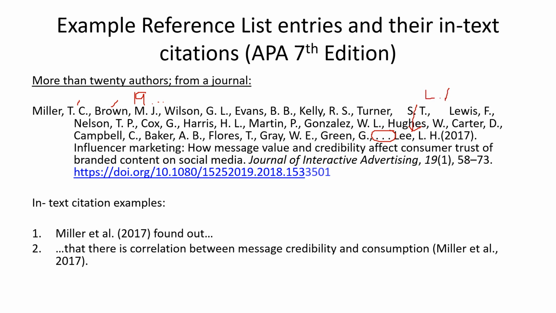Okay, the last author. After the period, open and close parentheses. Inside those parentheses is the year of publication, then period. This is the title of the journal article.